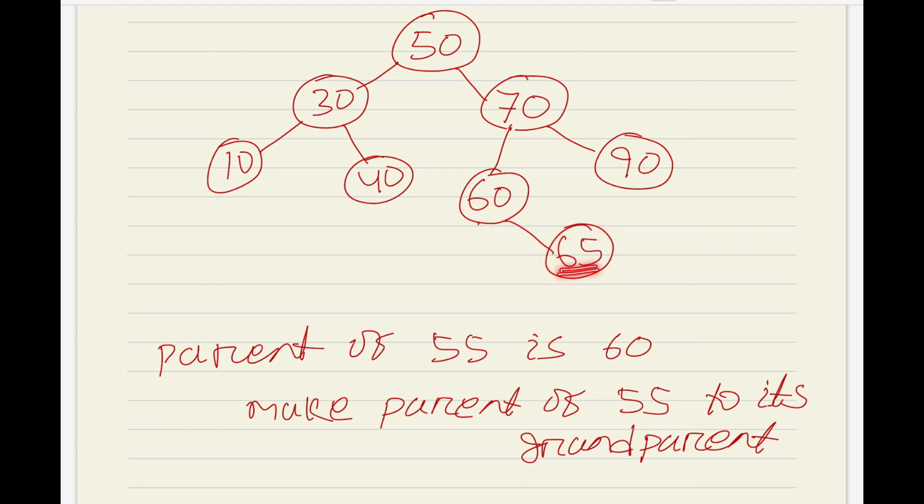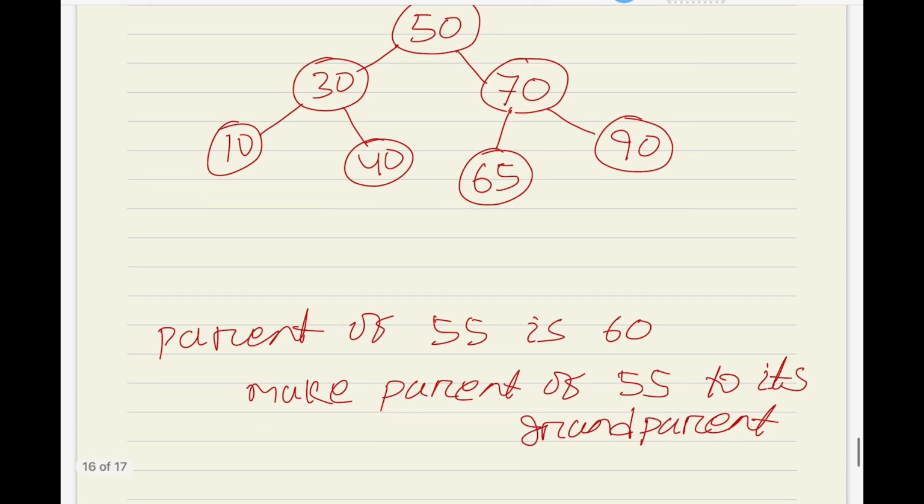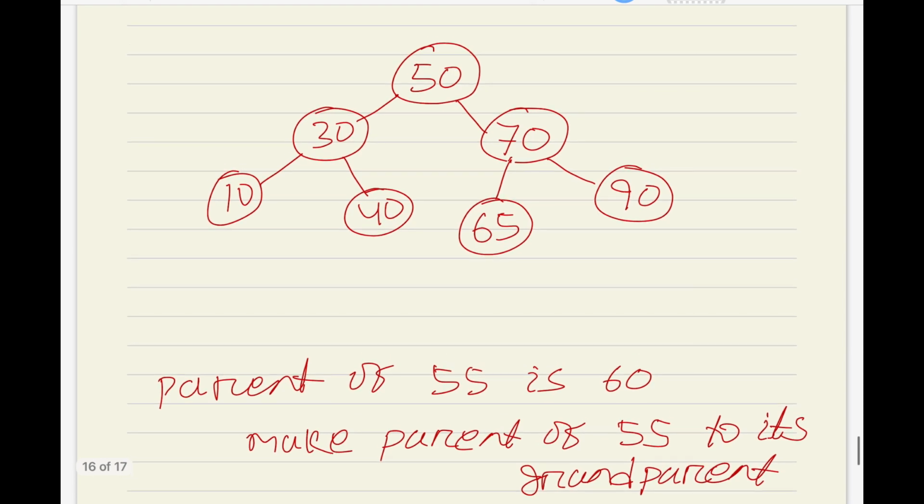So update its parent to 70. Just remove 60 and write 65 here, the same thing. So just update the parent of the child, and the grandparent becomes the new parent. It is a simple one.